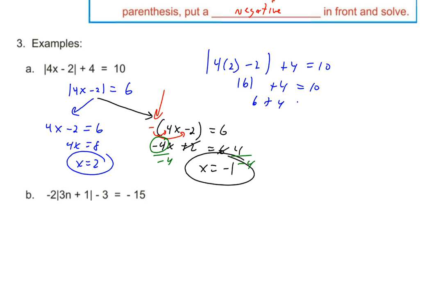And sure enough, we found the correct solution, 10 equals 10. And the second time, now we got a -1 here. And now we have the absolute value of -6 plus 4 equals 10. And the absolute value of -6 is 6. And sure enough, 10 equals 10.